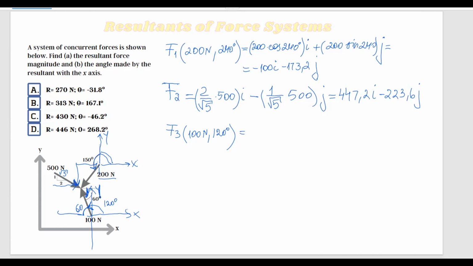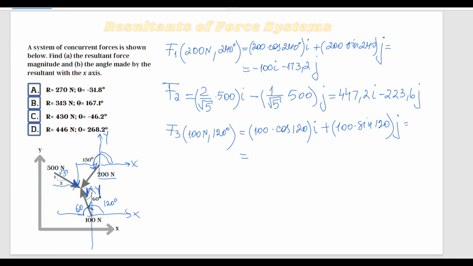And again, we're going to say it is 100 multiplied by cosine of 120, and this is I, plus 100 multiplied by sine of 120. This is the J. Let's calculate that.